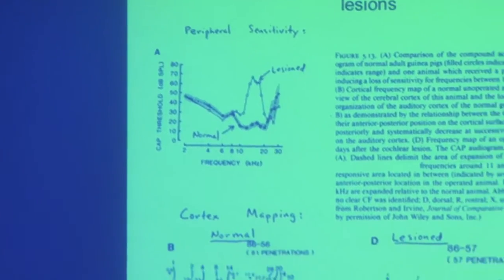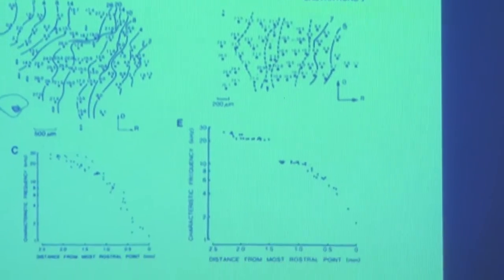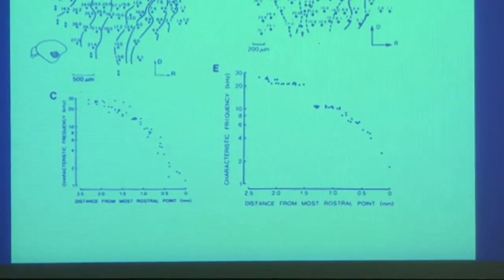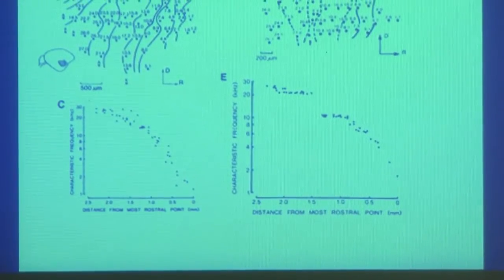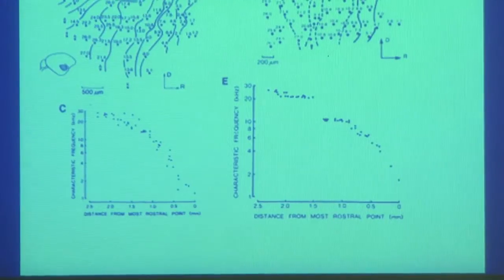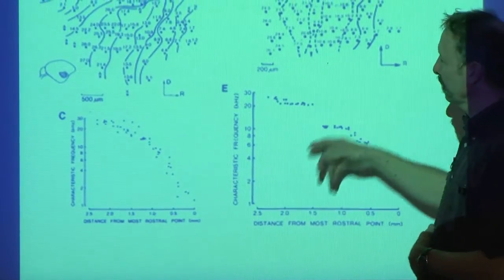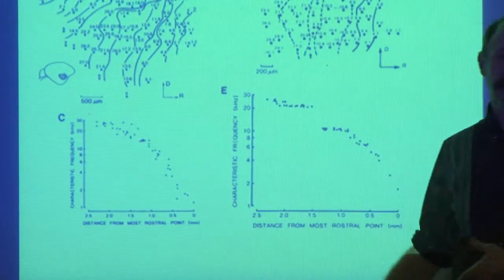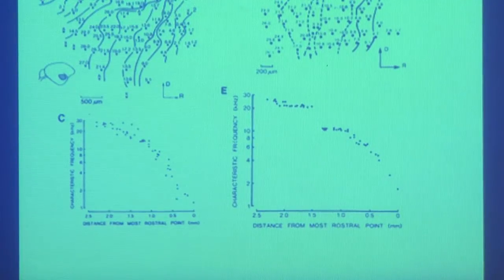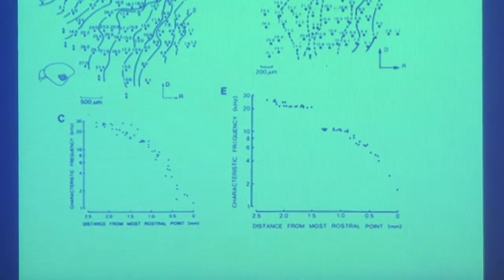After that extensive region, then you pick up your normal tonotopy of auditory cortex. Okay, so this is clearly a massive reorganization compared to the normal of this lesioned animal's cortical mapping. So a couple comments about this.